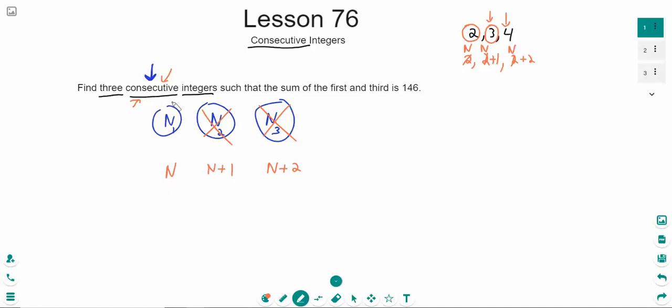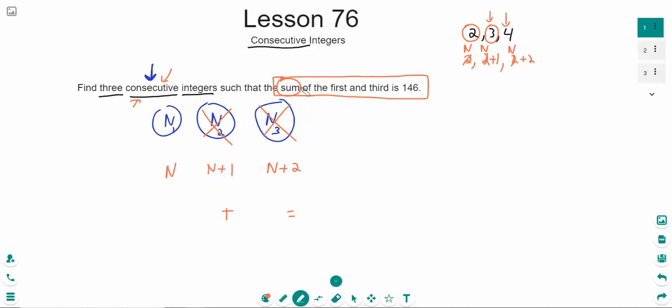So find three consecutive integers such that the sum of the first and third is 146. We kind of need to understand what this part of the problem is saying algebraically. This is where we have to put on our thinking caps and make sure we're understanding what they're saying. So the sum would be indicating the answer to an addition problem, right? We've got something that's being added together and we're getting some answer to that. That's what the word sum should tell us.